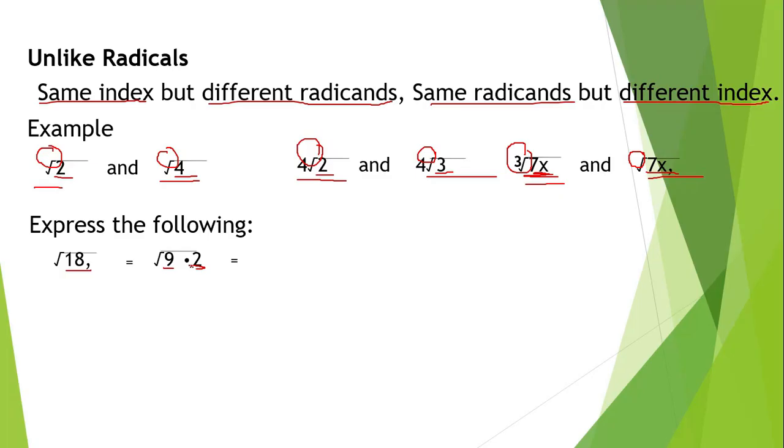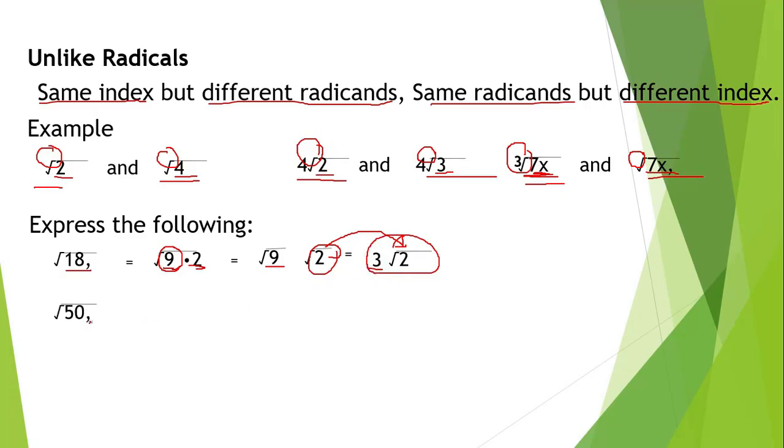The next thing we have to do here is find the square root of 9, since this number is a perfect square. Square root of 9 is 3. And since 2 is not a perfect square, then square root of 2 will remain like this. This one's the answer.